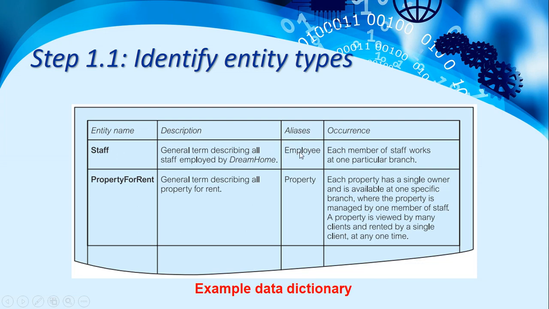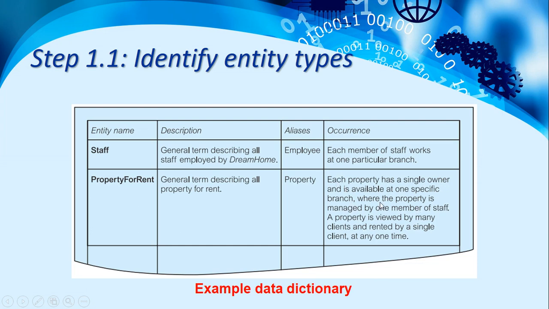So staff and employee, when mentioned in the user requirements, are the same thing. Each member of staff works at a particular branch. As for the property for rent, its occurrence is that each property has a single owner and is available at one specific branch. You're already familiar with this one. Once you read a sentence like this, you instantly know this is an occurrence, and I should put this into the dictionary.